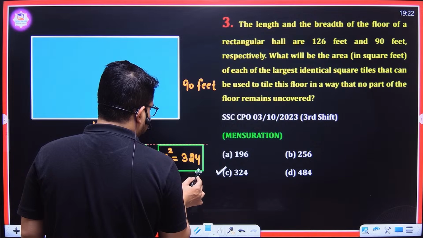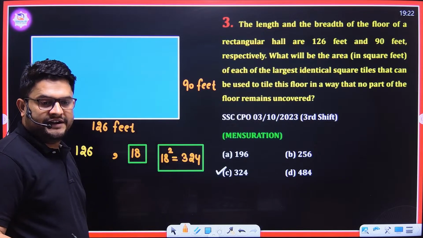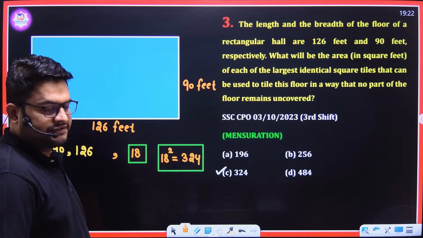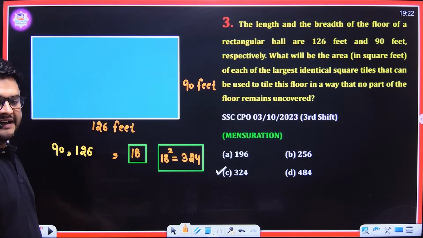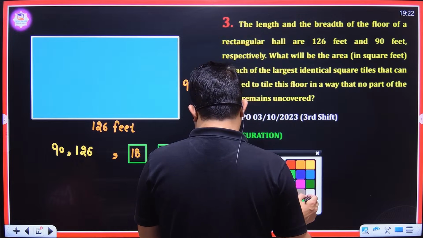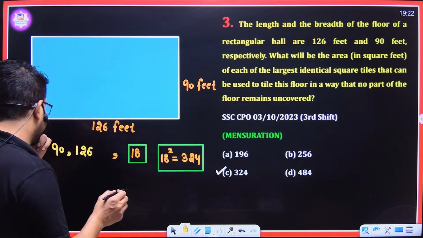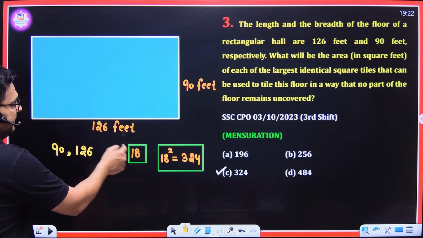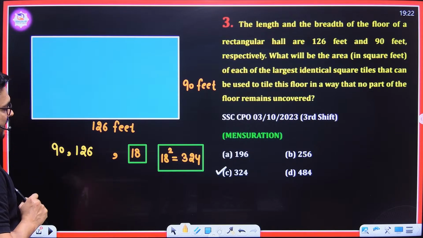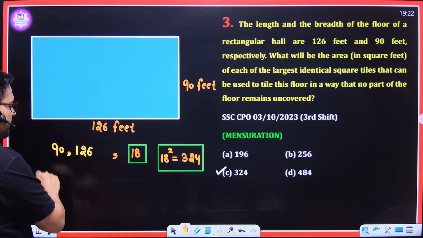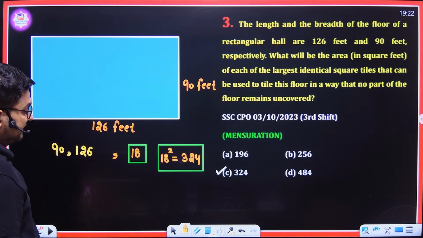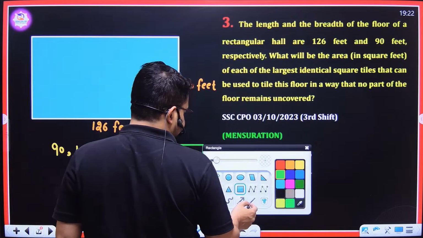If someone asks how many tiles you will use, we can calculate the number of tiles. We have 18 as the side of the square tile. Divide 90 by 18, I have 5. Divide 126 by 18, I have 7. Then 7 into 5, that is 35 tiles. 35 tiles will be made.